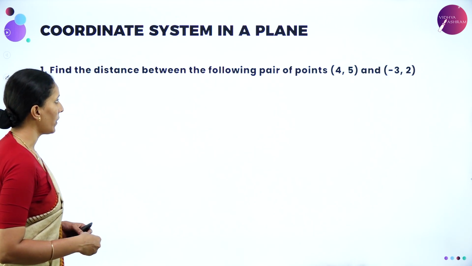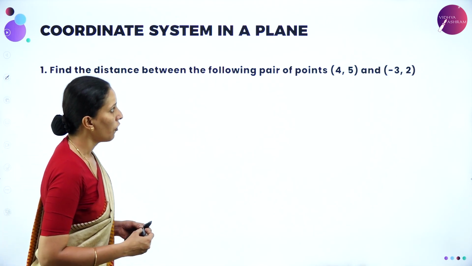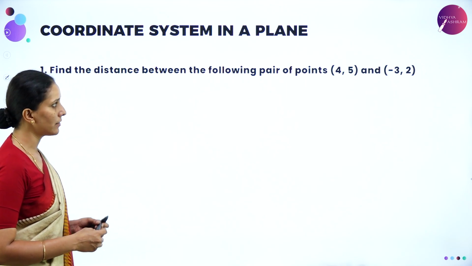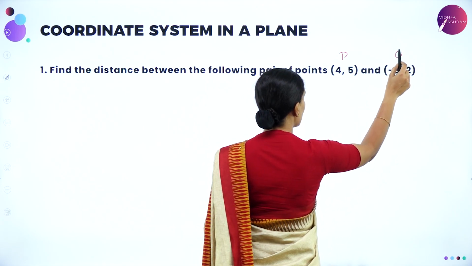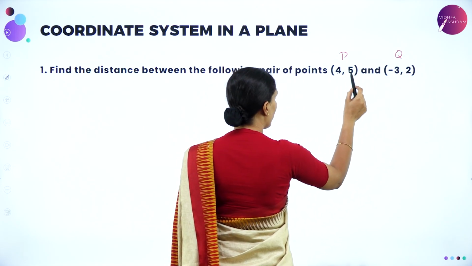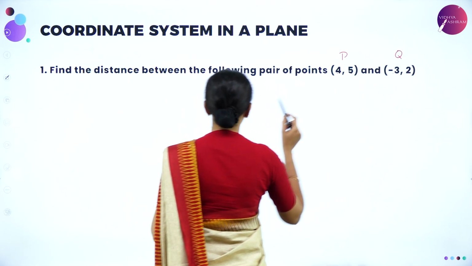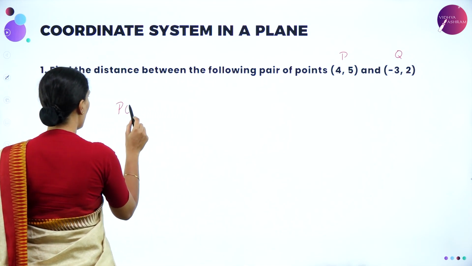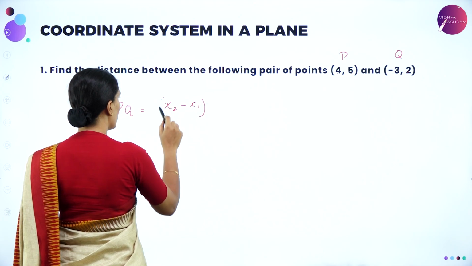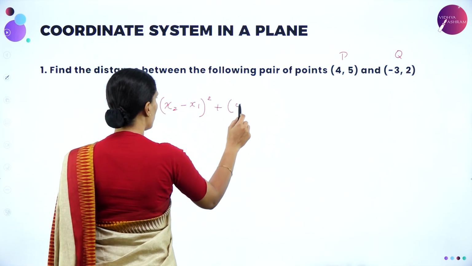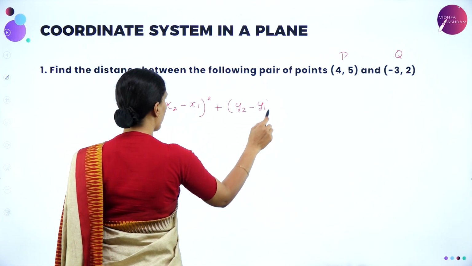Find the distance between the following pair of points 4, 5 and -3, 2. Let me consider this as point P and this as point Q. This is x1, y1, this is x2, y2. Then using the distance formula, PQ is equal to the square root of x2 minus x1 whole square plus y2 minus y1 whole square.